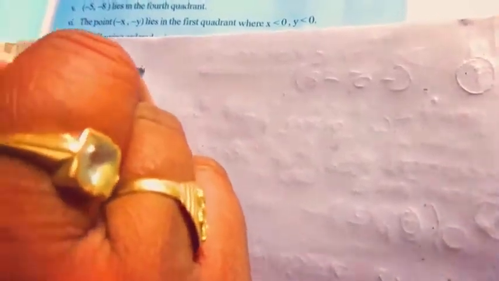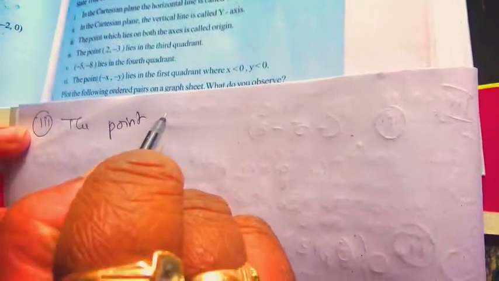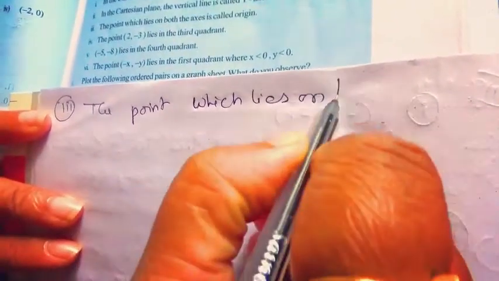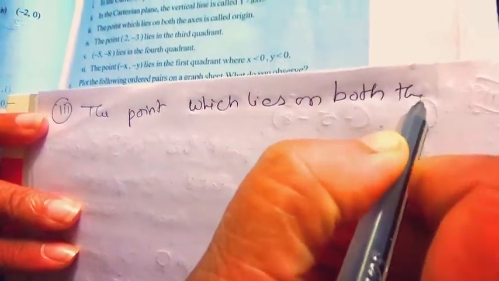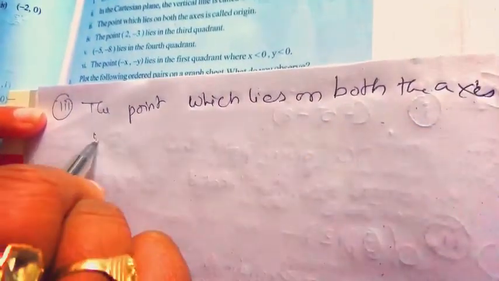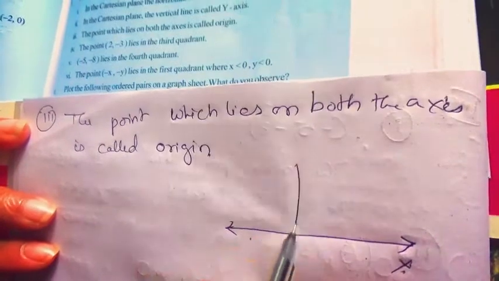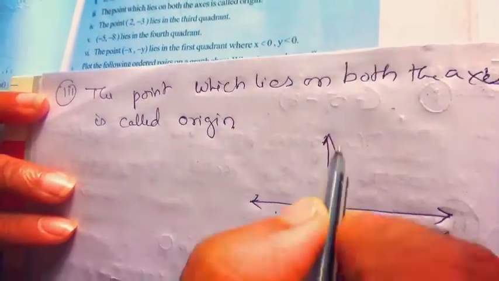Third statement: the point which lies on both the axes is called origin. Yes, it is a horizontal line, that is the x-axis. It is a vertical line, that is the y-axis.